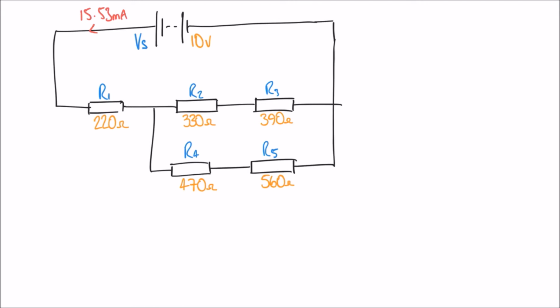So to begin with, let's have a look again at our circuit here, because we've made some simplifications to this circuit and we've already tried to make it a little bit easier to manage.